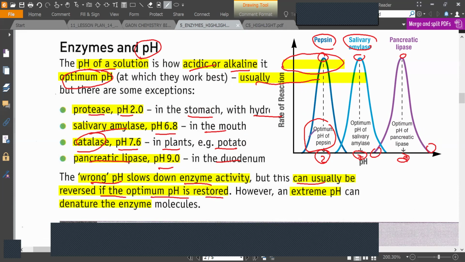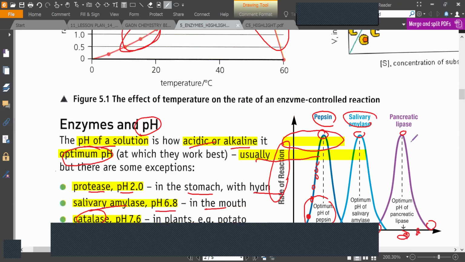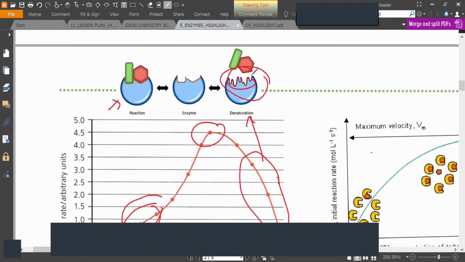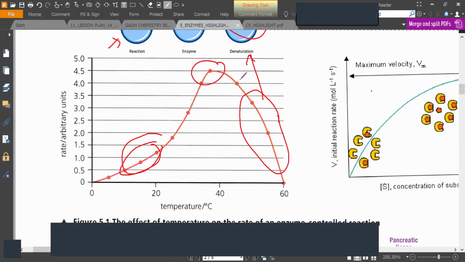Let's say we are here and the activity is low; if we return to the correct pH, the rate of reaction can increase. But an extreme pH can denature the enzyme. For pepsin, if the pH is too high, denaturing can happen. It can damage the protein, the enzyme, and it stops working.